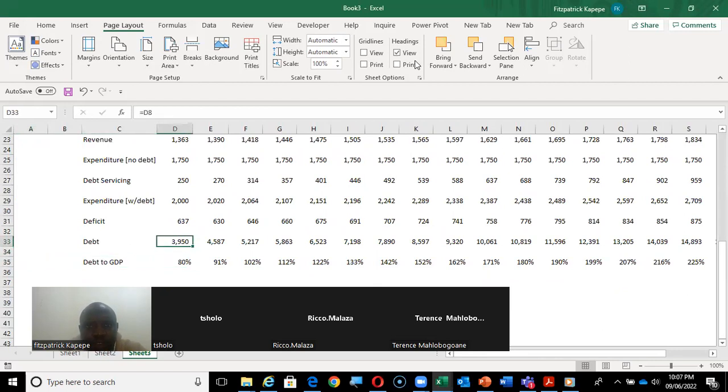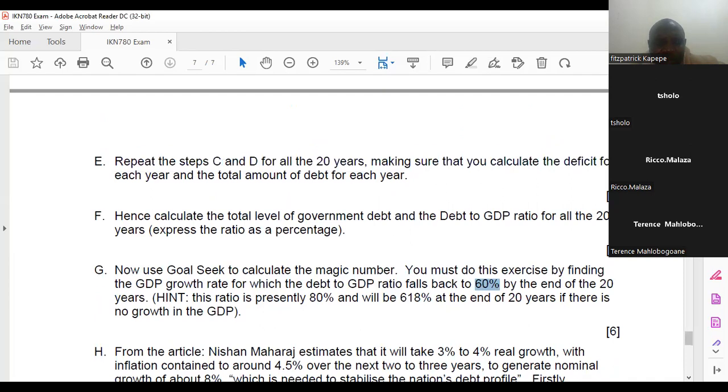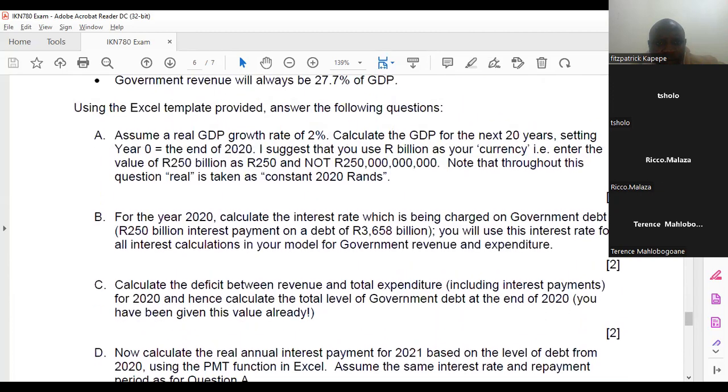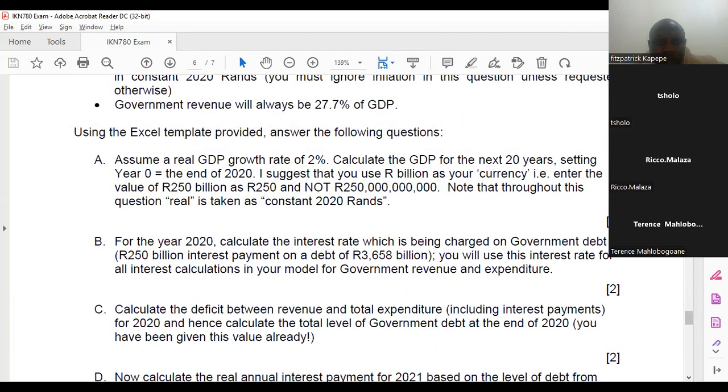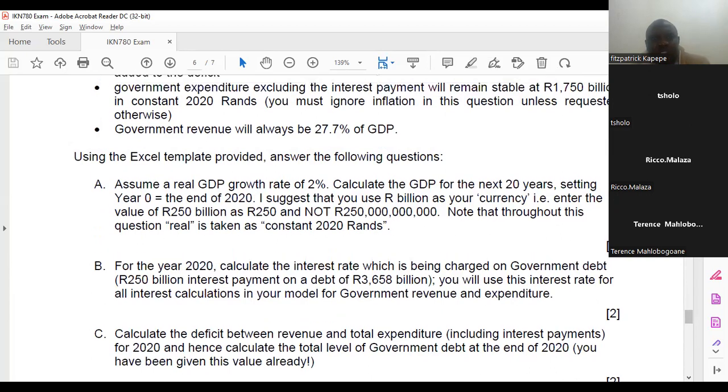Then just go to the PowerPoint. On revenue, what are they saying? Are they maintaining the same revenue? Saying it's always going to be 27% of the GDP. Yeah, or government revenue will always be 27.7% of GDP. Okay, I think there's somewhere where we have gone wrong, because we have maintained that number.